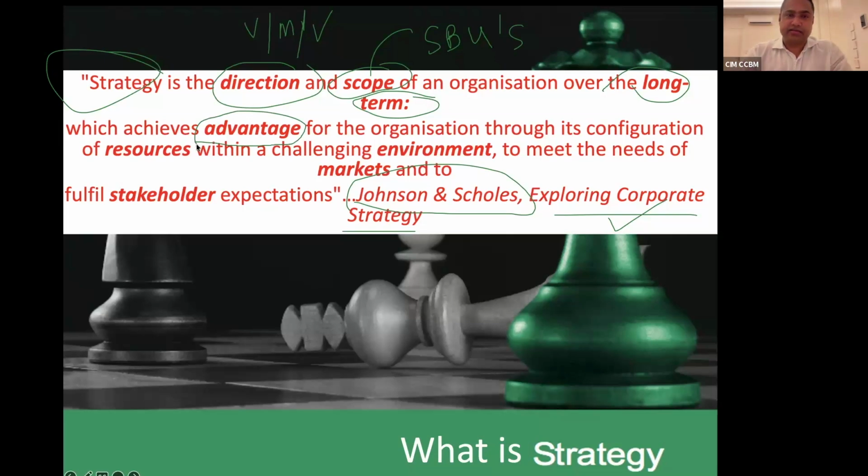You need to have an advantage. What is your advantage over your rivals? Something that we all must ask ourselves in the world of business. What is my advantage over the rivals? Competitive advantage for the organization through the configuration of resources.